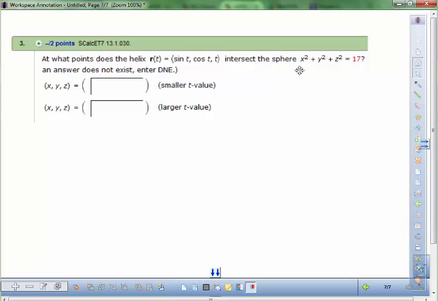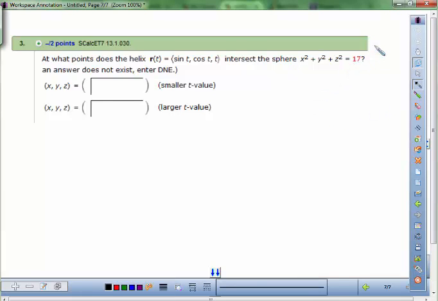We kind of did that, but not really in detail, but we get to do it with this one. So imagine a sphere. What's the radius of the sphere? Square root of 17.